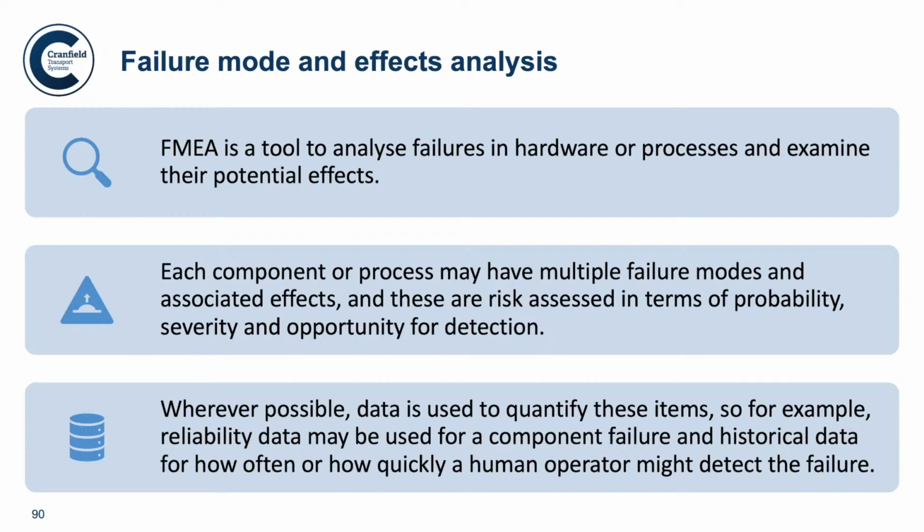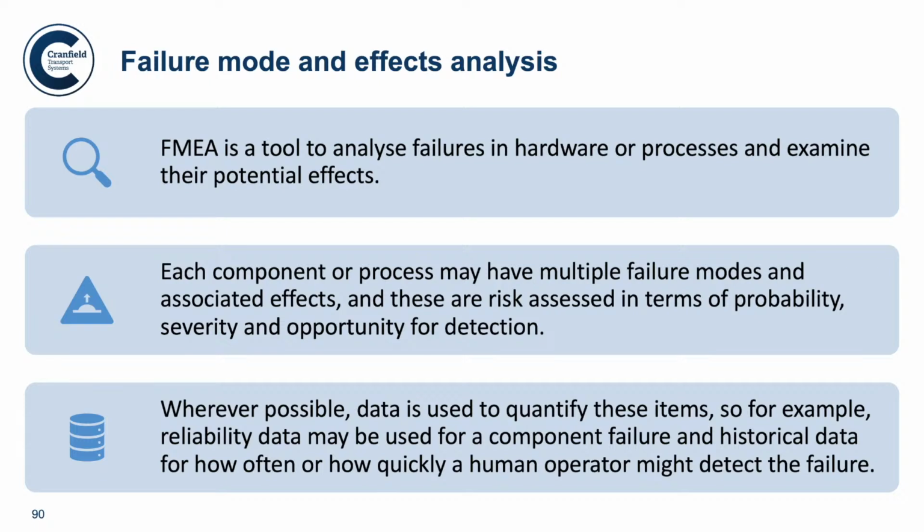But FMEA treats each component or process as having multiple failure modes, and each failure mode can have multiple effects, so it can have multiple outcomes, if you like. And these are risk assessed in terms of probability, severity, and opportunity for detection. So really powerful tool. And if we can put probabilities on those things, so what's the probability of this particular outcome?